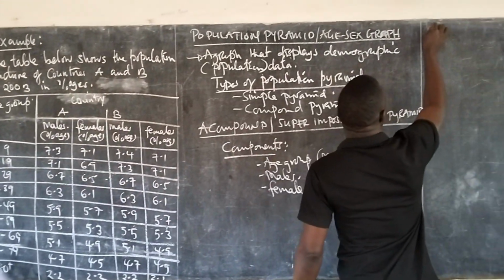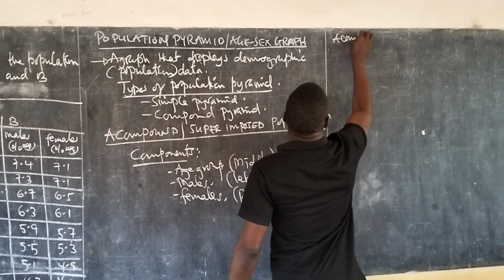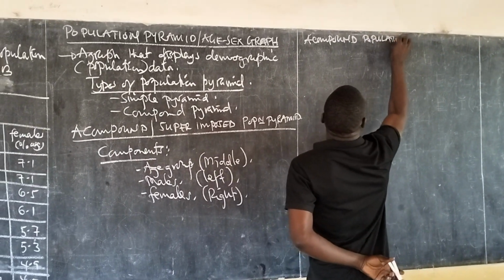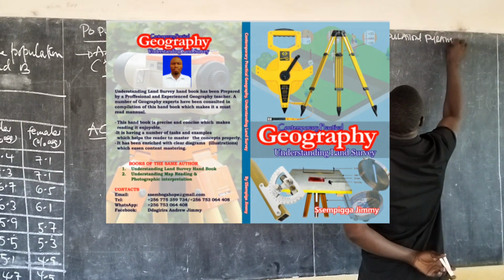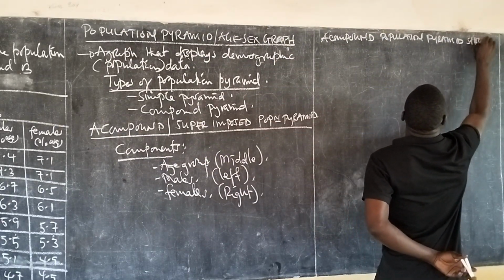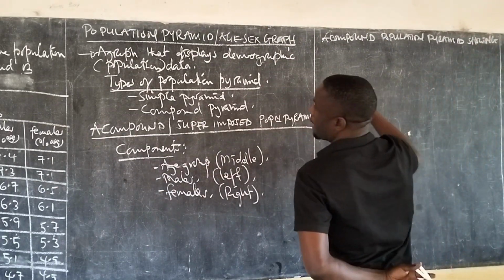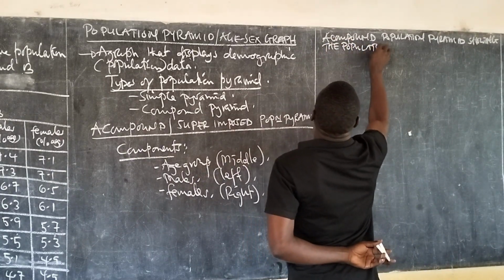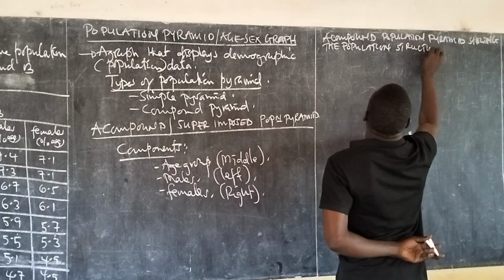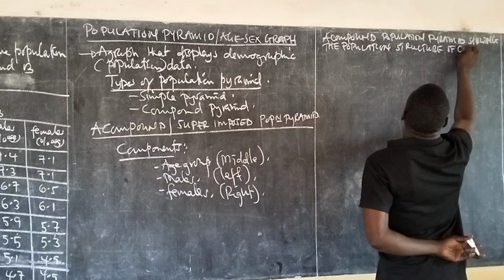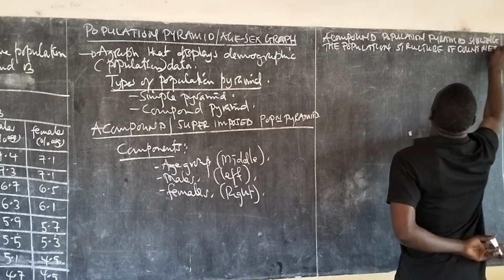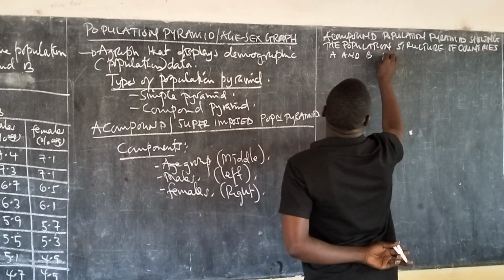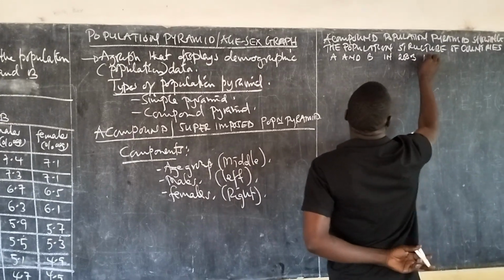We shall say our title, as we usually say: a compound population pyramid showing the population structure of countries A and B in 2003 in percentages.